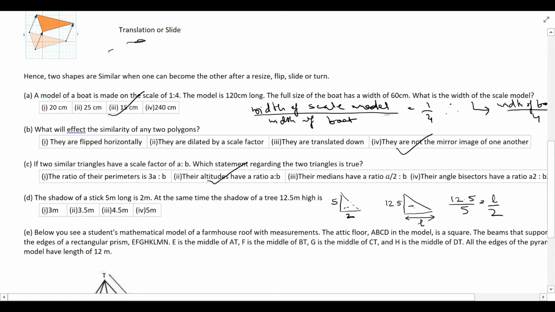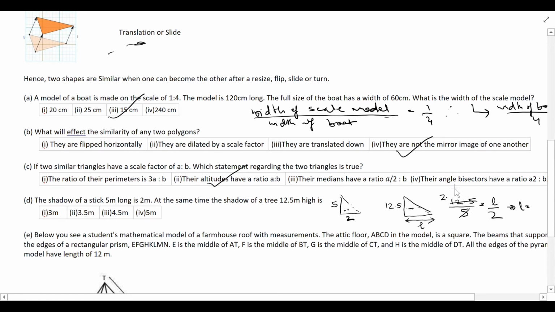Because the angles are same here, we can say that L is equal to, this is 2.5, so 2.5 into 2 is 5. So this is 5 meters. Answer is 4.